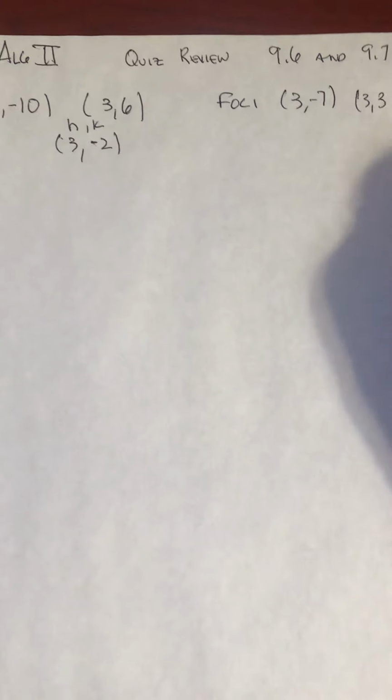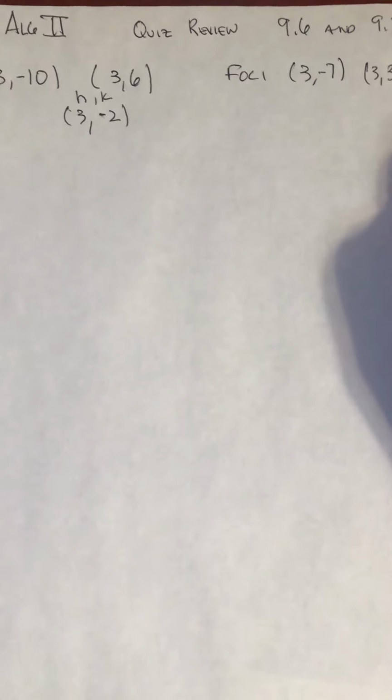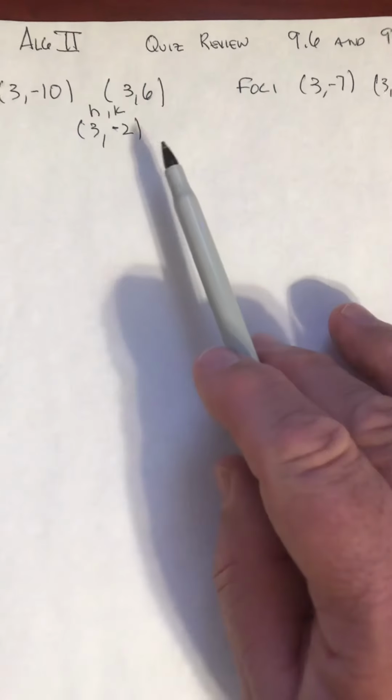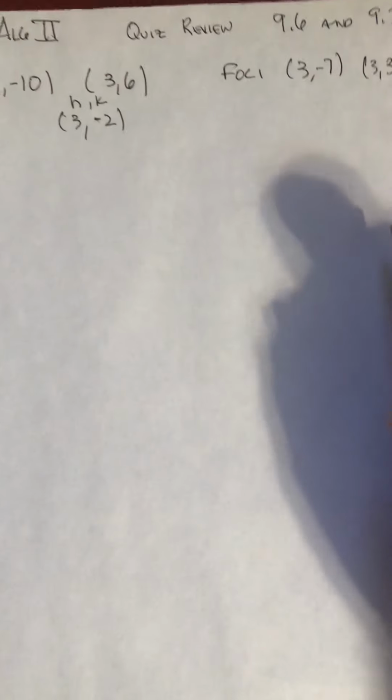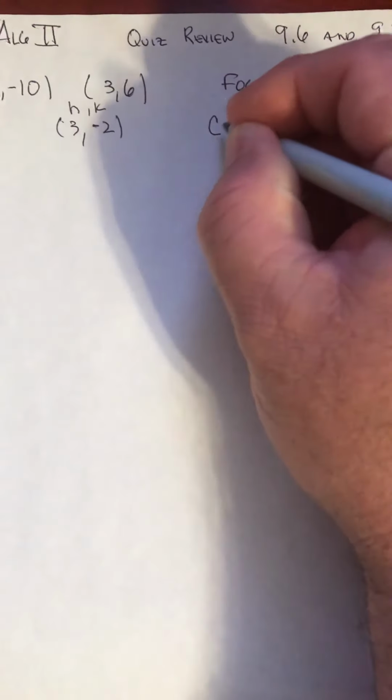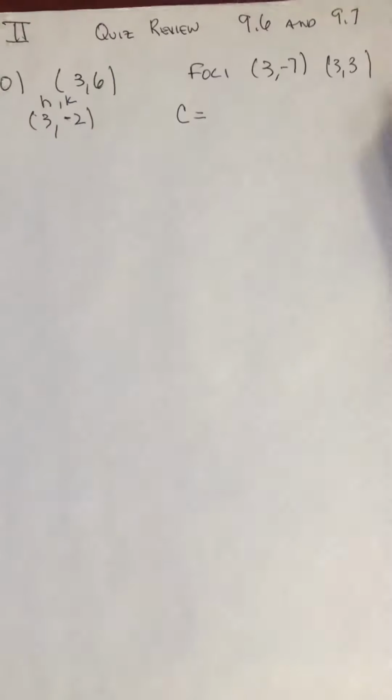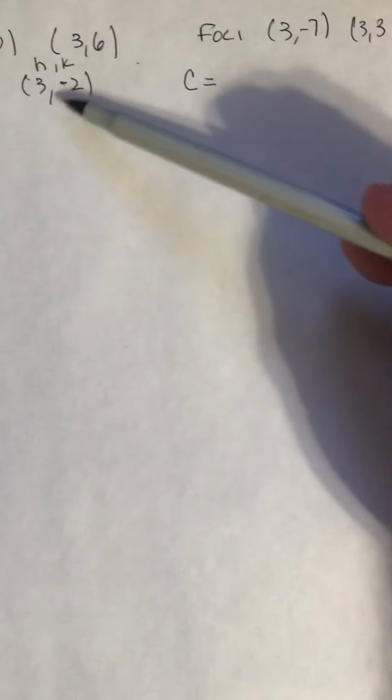That means this is a horizontal ellipse. With that being said, the distance from the center to the foci, that is my C value. So the distance from (3, -2) to (3, -7) is 5 units. So C is 5.